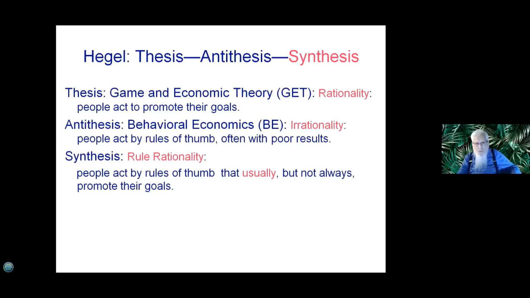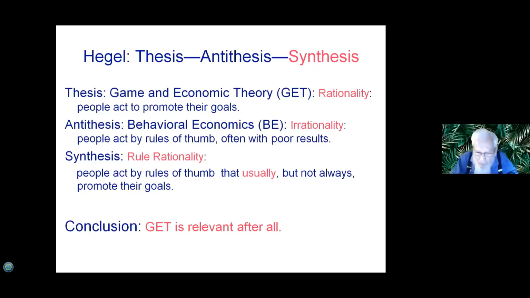And that's proposed in my paper that was published over a year ago, okay? The conclusion is that game and economic theory are relevant after all, because usually the goals are promoted, and it's the promotion of the goals that's called rationality. People strive to promote their goals, and that is what the rules of thumb do. Okay.